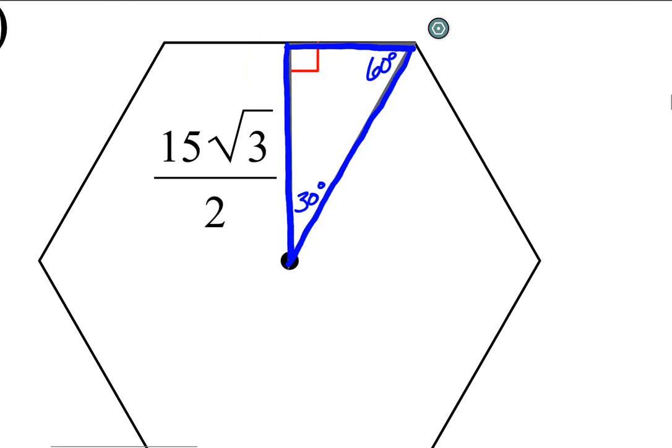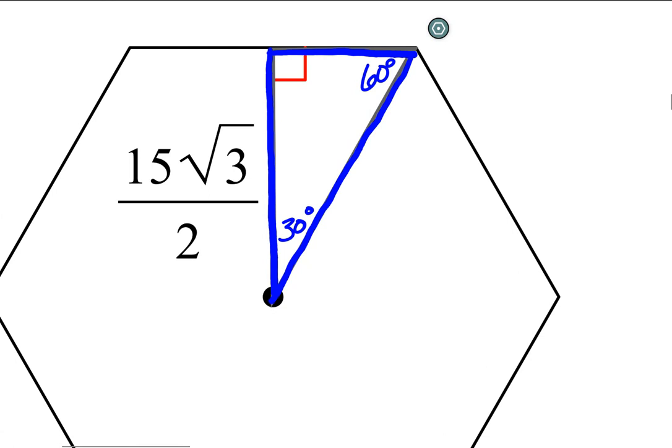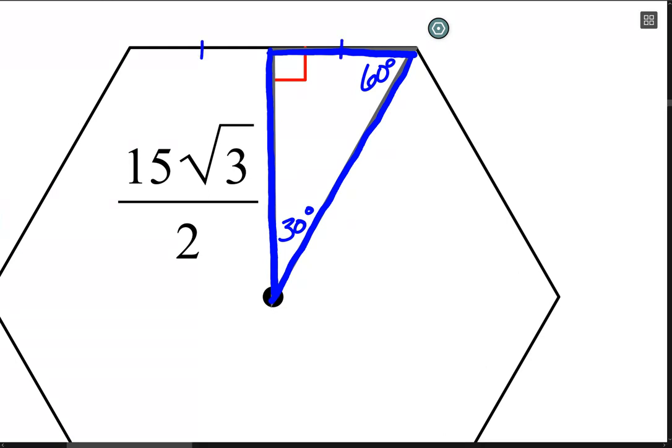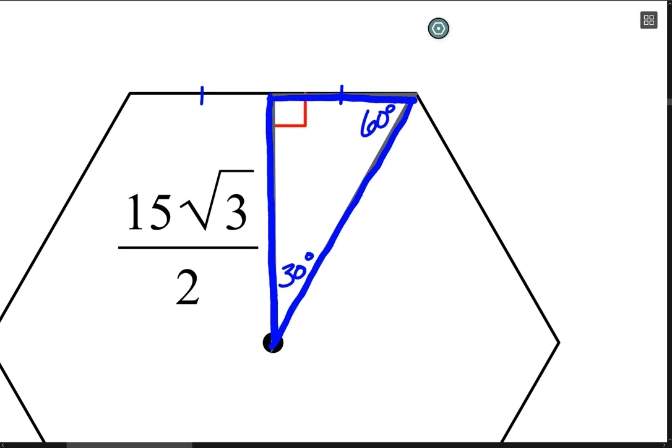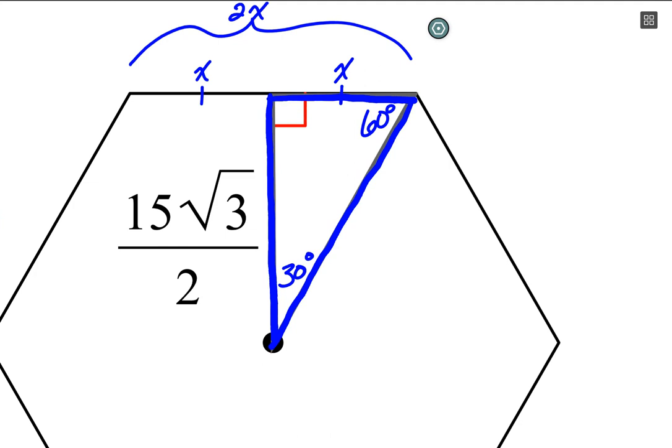Any questions there? I also know that this is cut in half, don't I? So if I can find, we'll call this X, this would be X, and the whole thing would be 2 times X, right? Double it. So I need to find X, don't I?